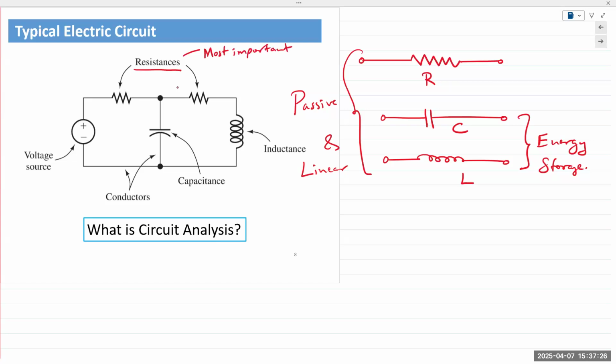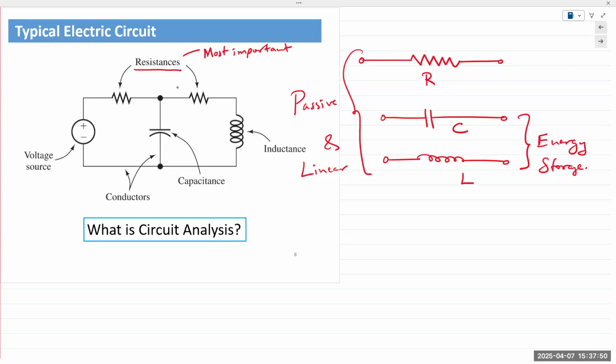So the three major components in electric circuits are resistors, capacitors, and inductors. They're all passive and all linear. The linearity refers to the relationship between the voltage and the current.